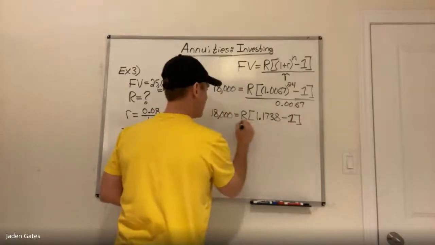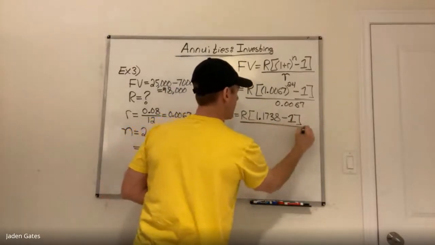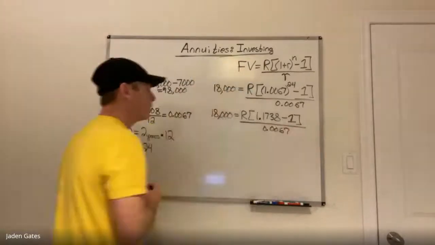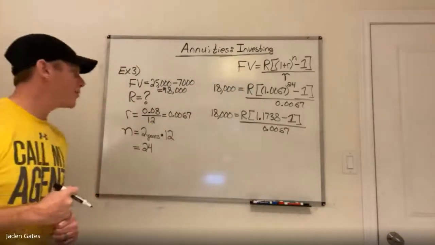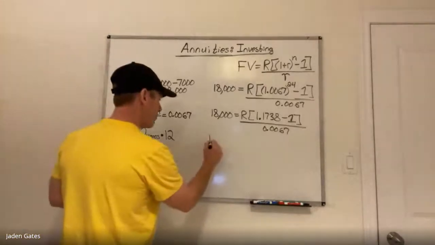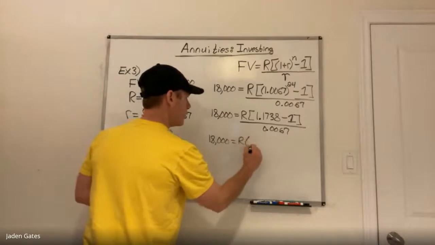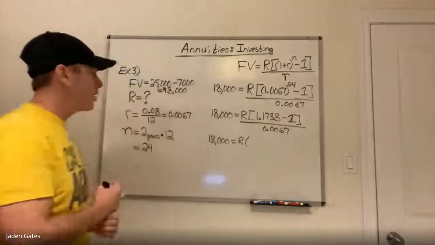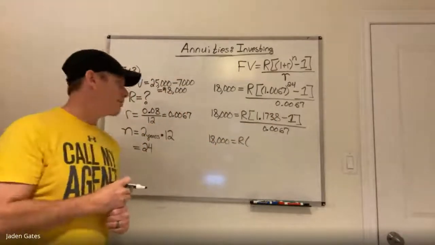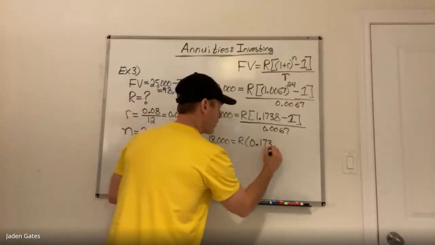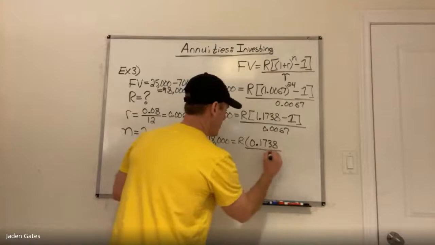And of course, I have to divide by the 0.0067. Okay, so again, just kind of doing the math. So 18,000 equals R. Well, I can figure out what that is right there. 1.1738 minus 1. Well, I'm just going to end up with that 0.1738.